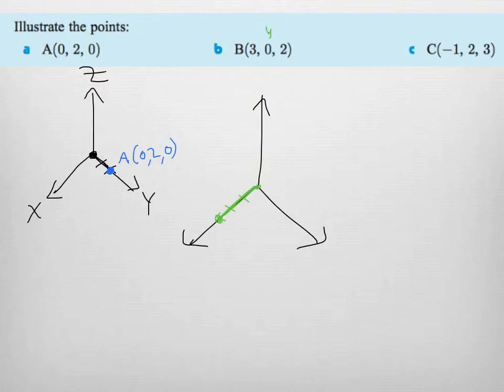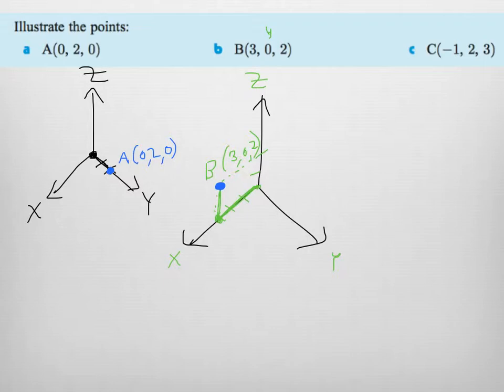This is my y value. So we would not go in this direction at all. And then we'd have to go up 2 units. So really we're going from here up 2 units, and that would be my final resting point for my point B. Okay, so that would be 3, 0, 2. Alright, and I guess I could use a different color there to indicate where that would be.